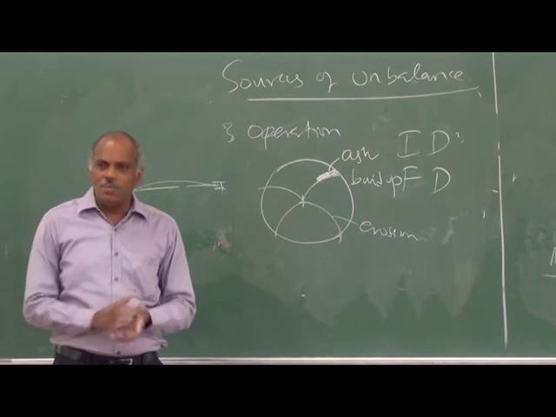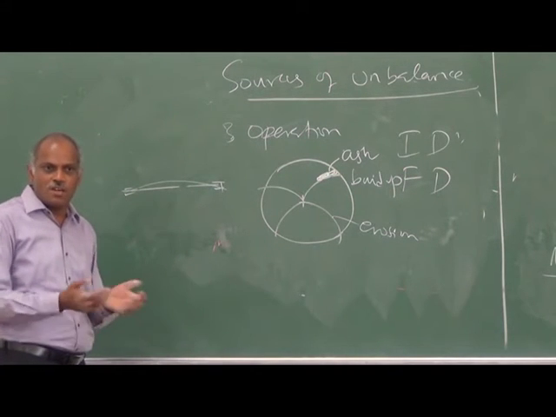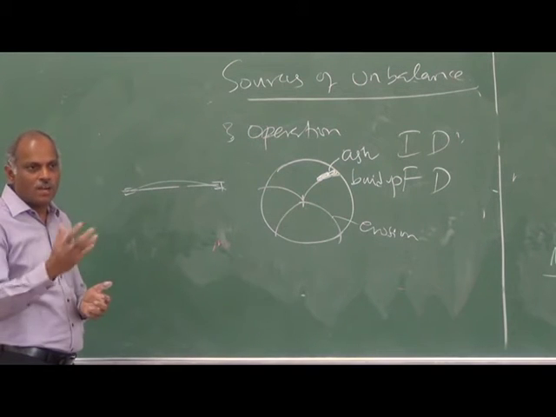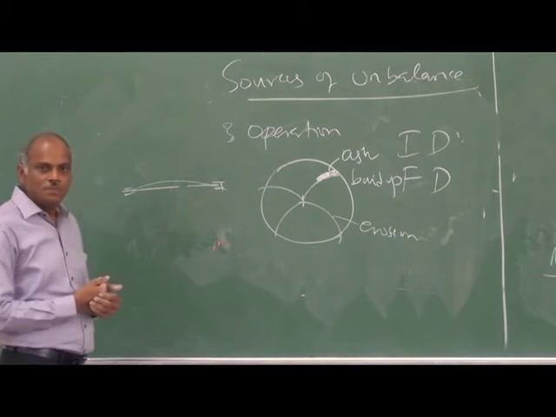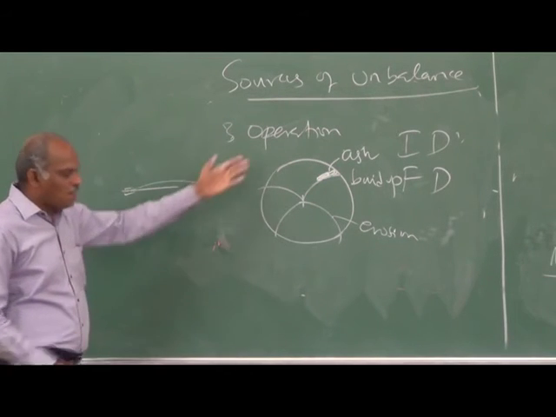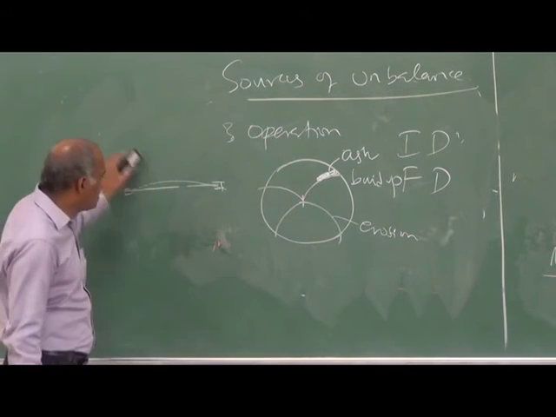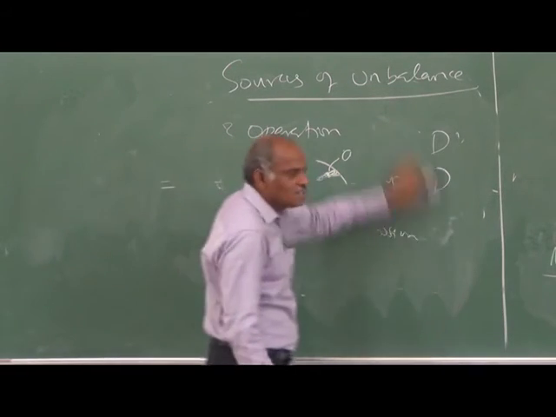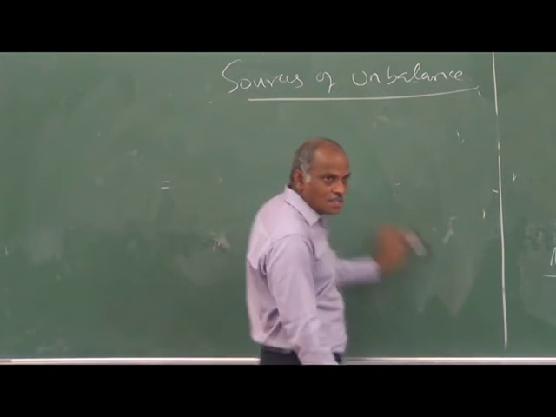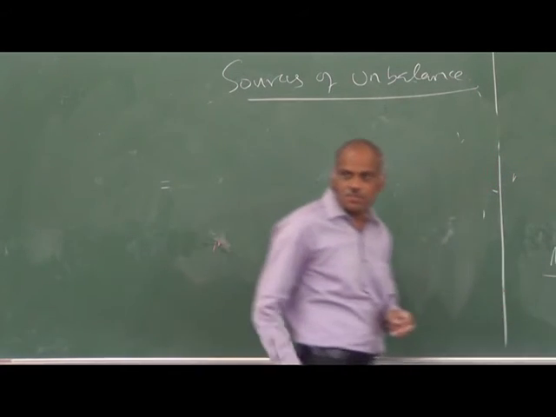So when you think of unbalance, it may come in engineering applications and in your machine, maybe by geometry itself, by the design, which you can avoid. Or in manufacturing it may come, or in operation also it may come. So it can come in these different ways. Those particular unbalances are idealized to be concentrated here, and we are going to treat them like this. Okay?